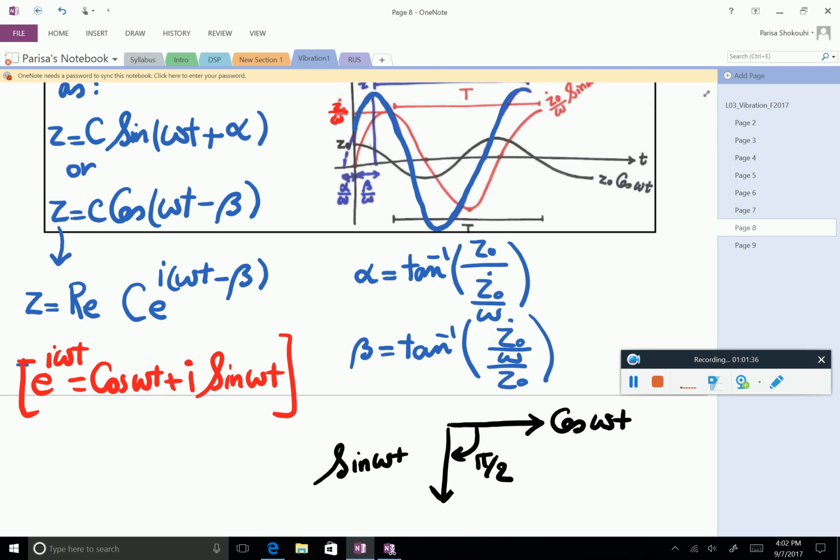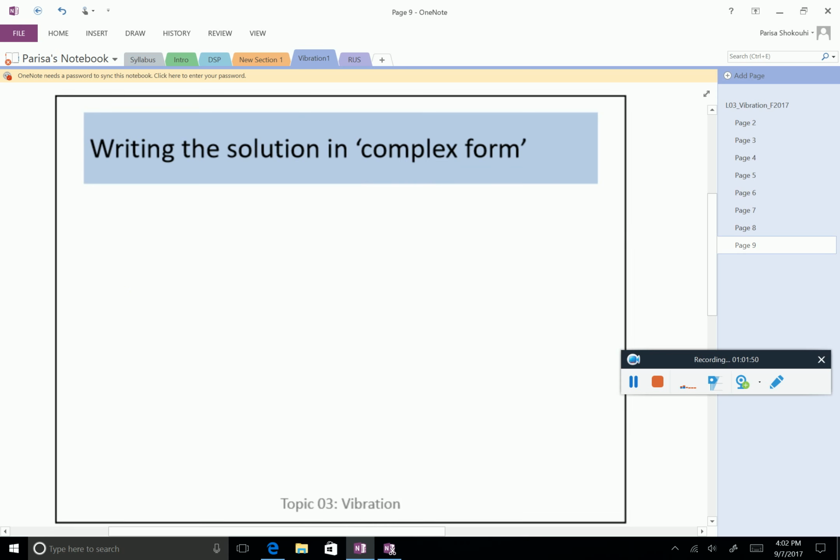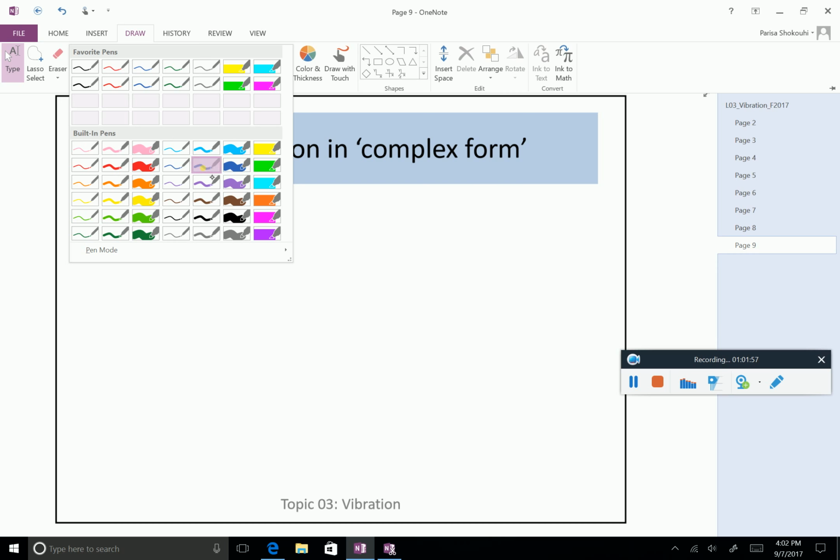So, I wrote down again the solution in complex form, but this may not be too necessary. I don't know. We could write it if you like.